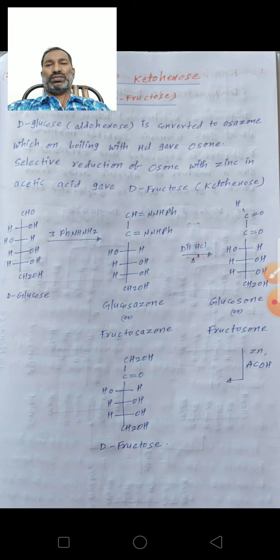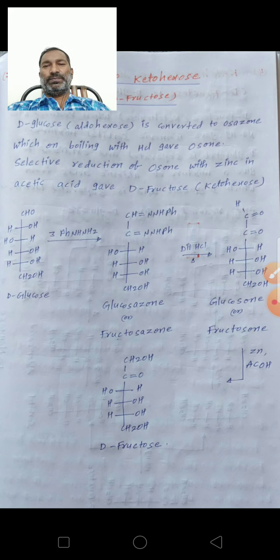See here, D-glucose, an example of aldohexose, is converted to osazone, which on boiling with HCl gave osone. Selective reduction of osone with zinc in acetic acid gave D-fructose. D-fructose is an example of the ketohexose.